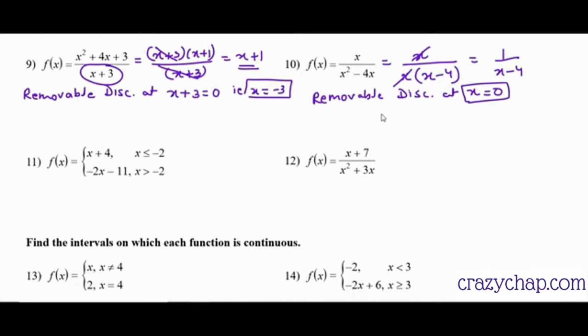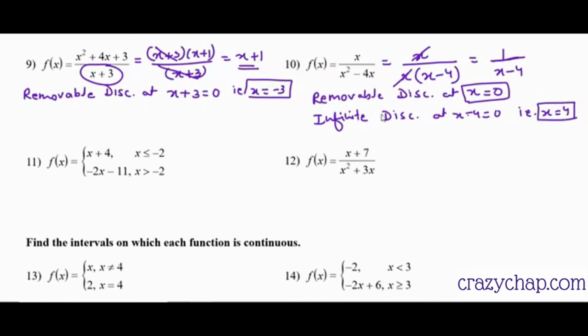And then after the simplified function, the denominator is x minus 4, right? So there is an infinite discontinuity when the denominator will be 0. So infinite discontinuity at x minus 4 equal to 0, that is x equal to 4, right?